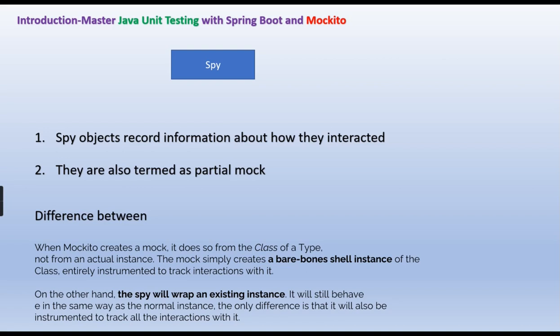On the other hand, the spy will wrap an existing instance. It will still behave in the same way as the normal instance. The only difference is that it will also be instrumented to track all the interactions with it. This is the difference between mock and spy.